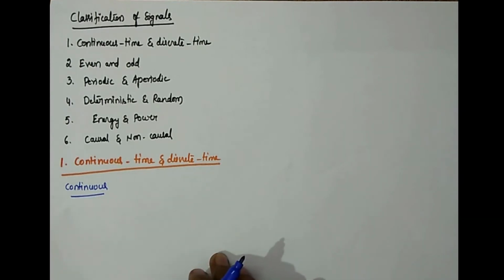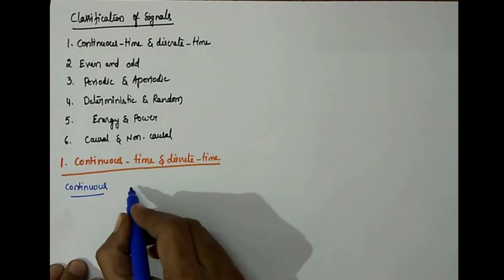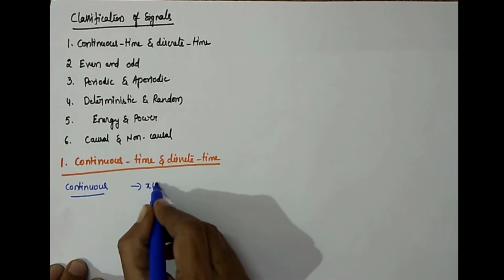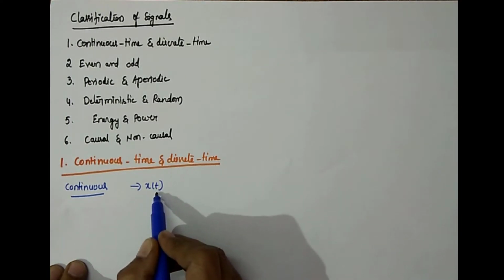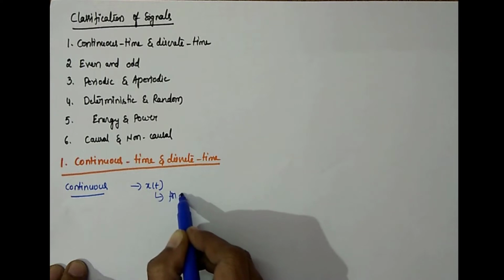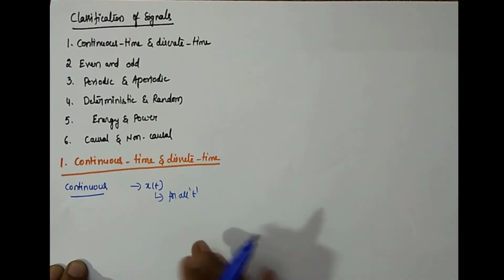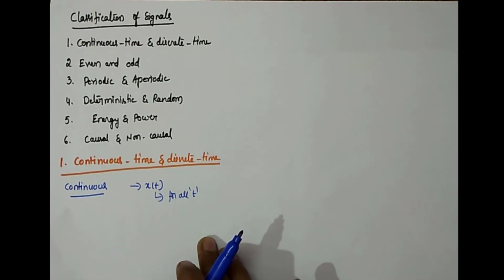Coming to the continuous time, it is represented by x of t. It is said to be continuous because it exists for all t, or I can say it is defined for all t. It has values at every value of t.